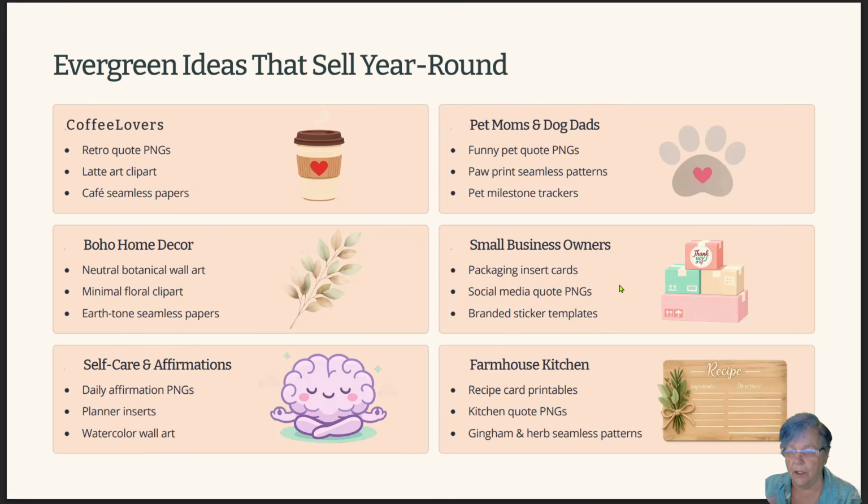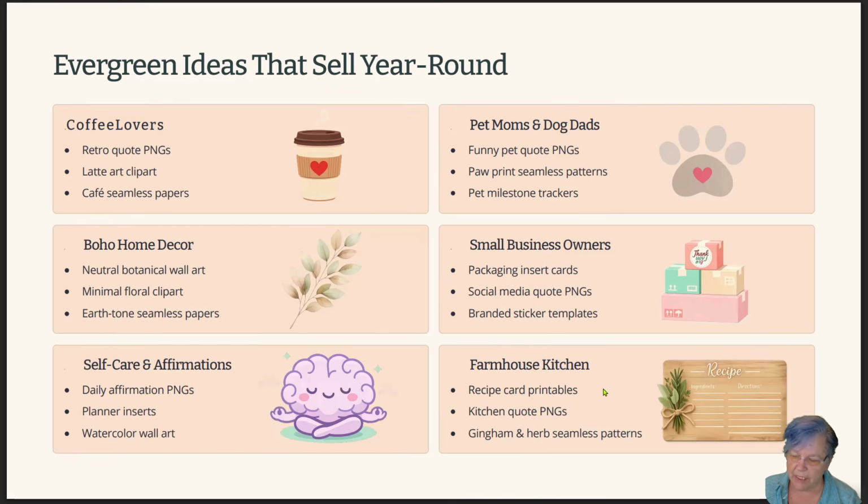And small business owners who want to have a social media presence but don't have time to create all of these graphics will purchase packs of images that they can just send out one a day all month long. So don't sleep on the small business owner.